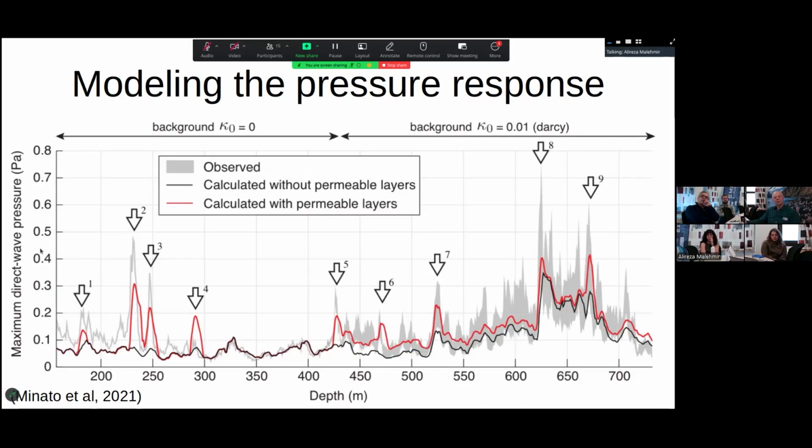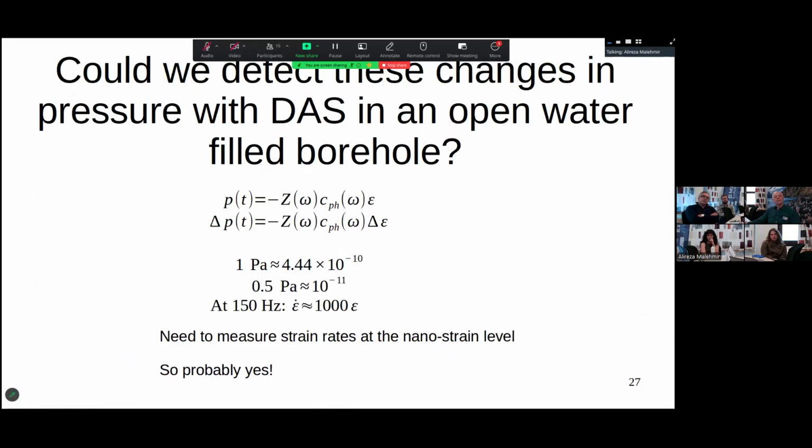So I went through this to just see what these pressures correspond to in strain rates in a borehole, to see if we could do the same thing with fiber optics. So we have here the formula for pressure, strain, and then the change in pressure with change in strain.